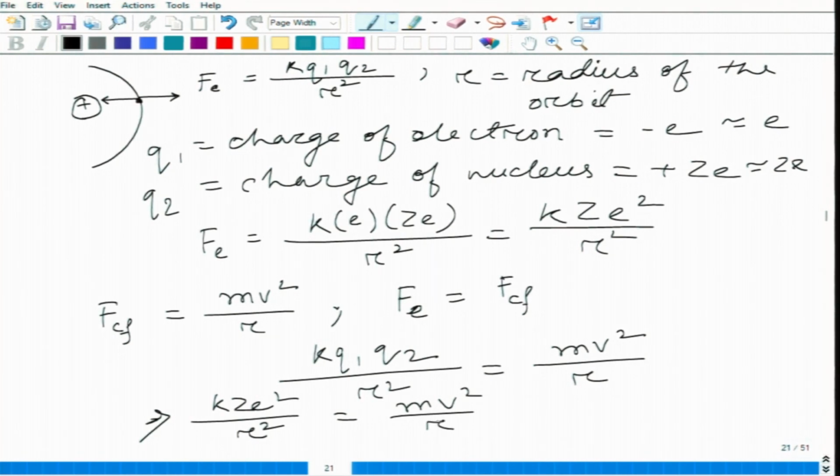Now, if we cancel R on both sides, we get K ZE square by R equal to mv square. So, by this we can mathematically show how the two forces equate each other.